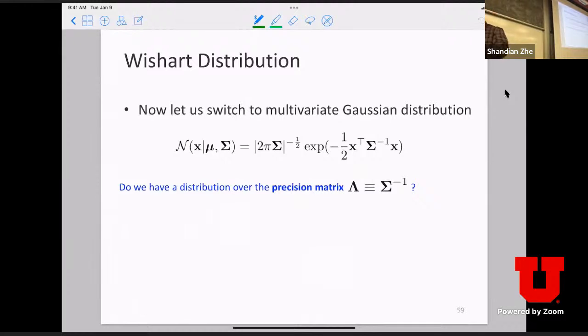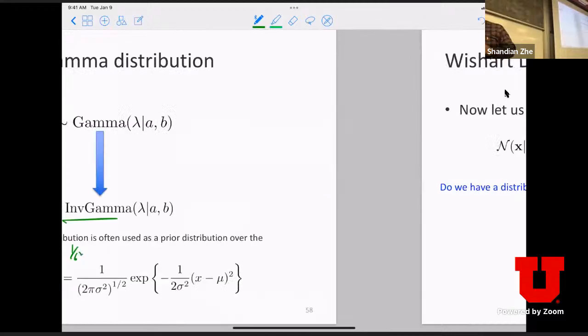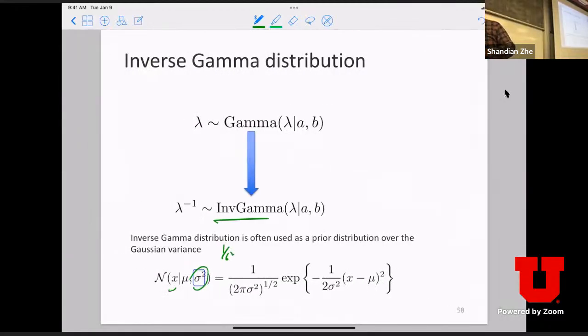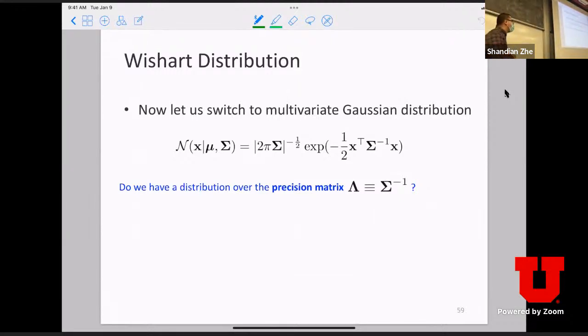Okay, Wishart distribution. So if we switch to the multivariate Gaussian distribution, when we talked about the gamma distribution, it was about the scalar Gaussian distribution, so its x is just a number, just a scalar. What if we want to deal with the multivariate Gaussian distribution? Now the variance becomes a covariance matrix.